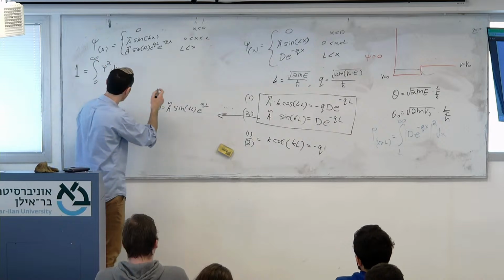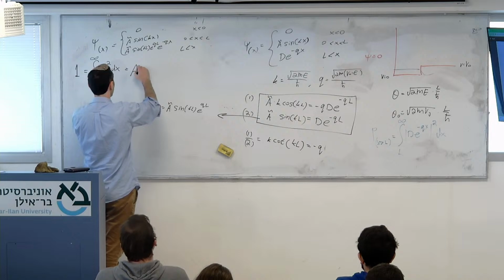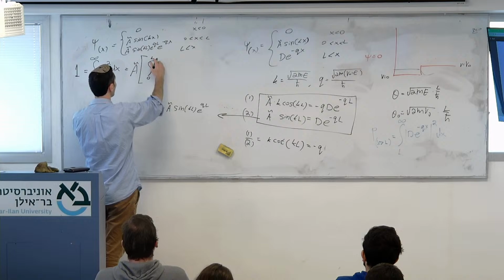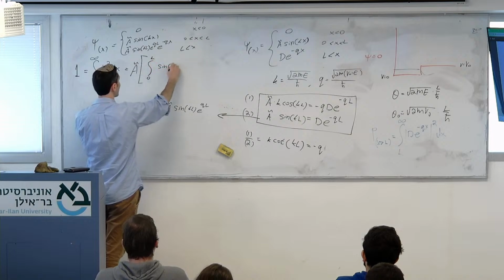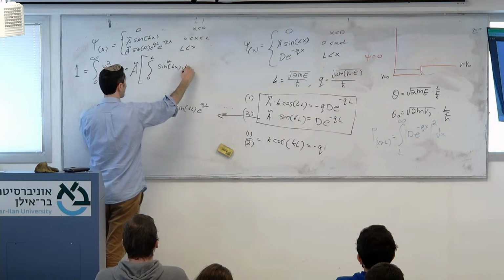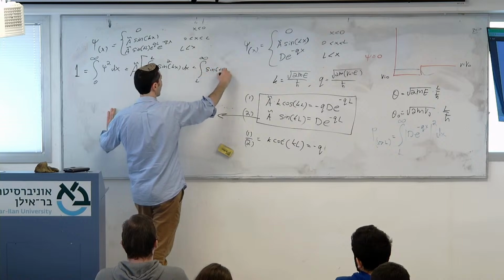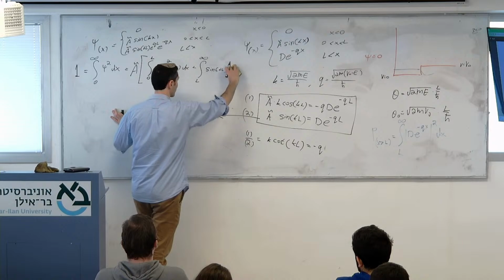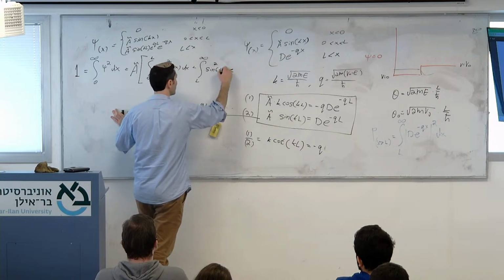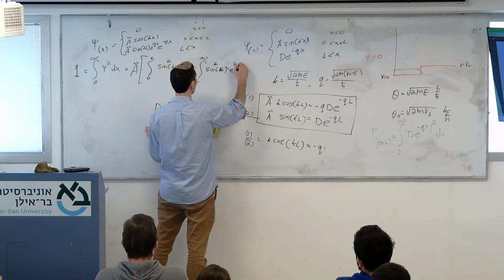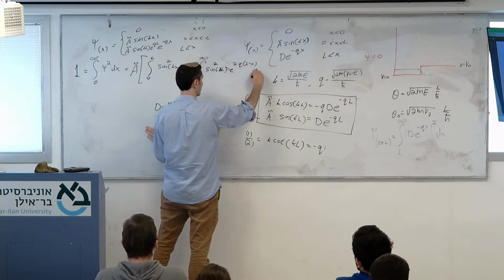I have no psi at 0, which gives a tilde squared times the integral from 0 to L of sine kx squared dx, plus the integral from L to infinity of sine kL squared e to the 2q(L minus x) dx.